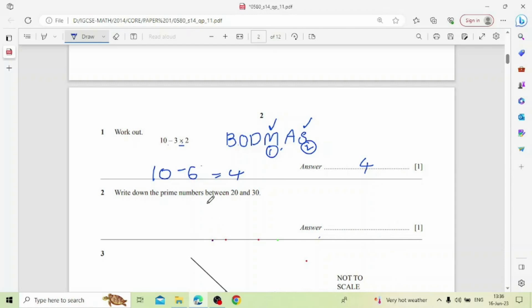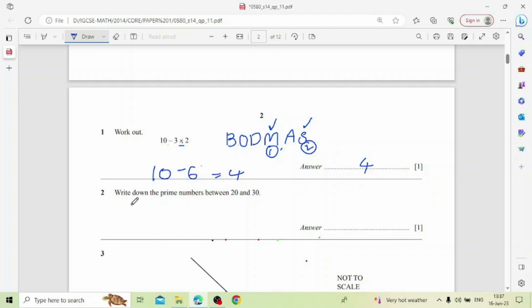Now number 2, write down the prime numbers between 20 and 30. So when you talk about prime numbers, they are the numbers which cannot be divided by any other number, and what can they be divided with?